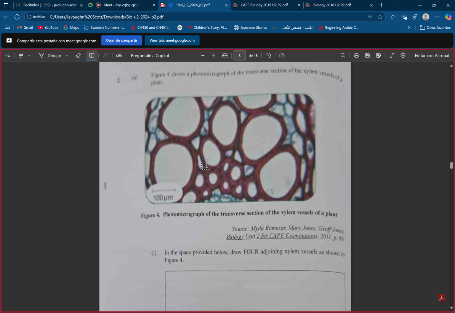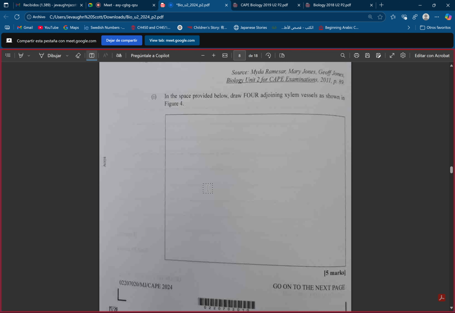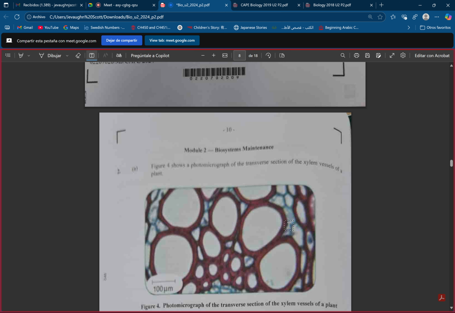So you calculate your magnification, put your title, and draw your nice xylem vessels, right? Make sure that you don't shade, and you keep closed lines, etc. You try to be as true to this picture as possible, right?